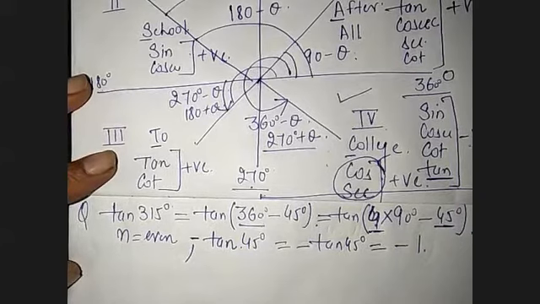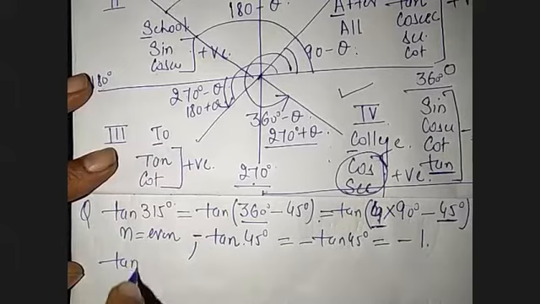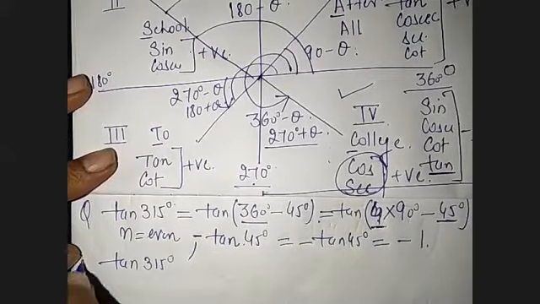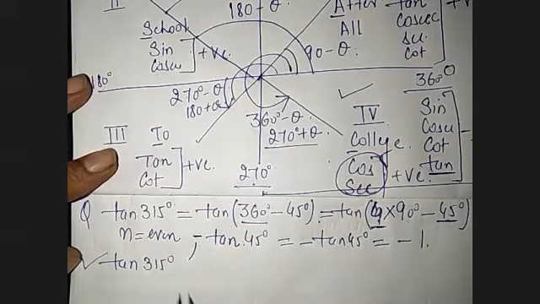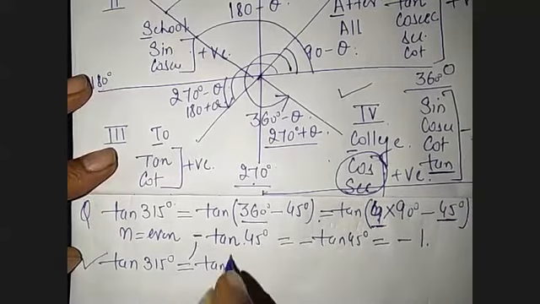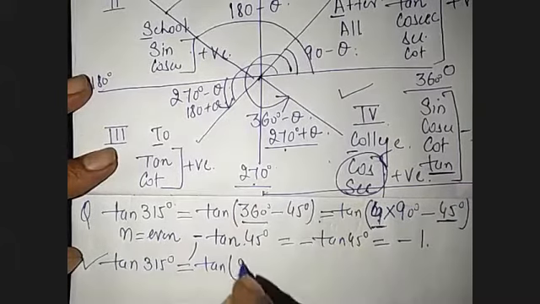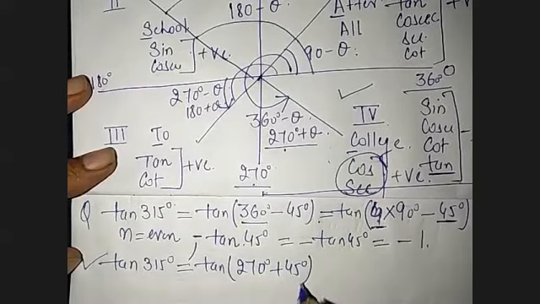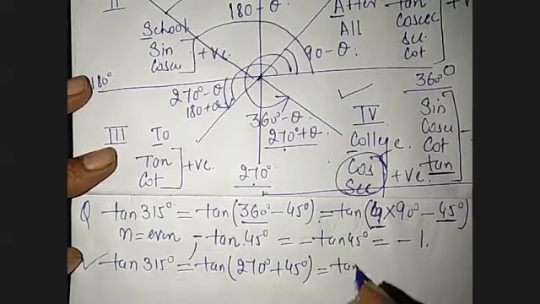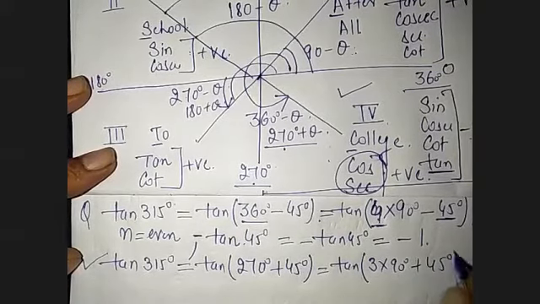Let us solve it in multiples of 90 in another way. We say tan 315 degree. I am solving the same question because students ask me how the answer can come the same. It will come the same. It is equal to tan of 270 degree plus theta, so 270 degree plus 45 degree, which is tan of 3 into 90 degree plus 45 degree.